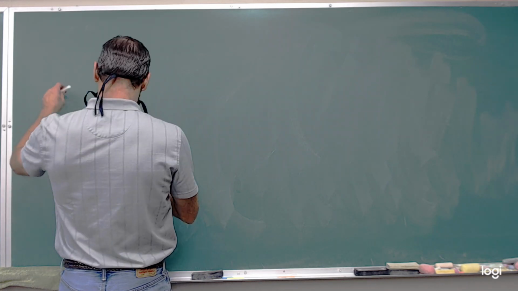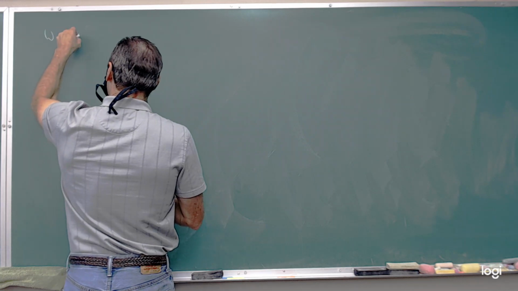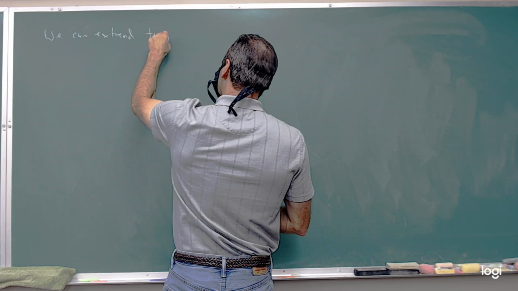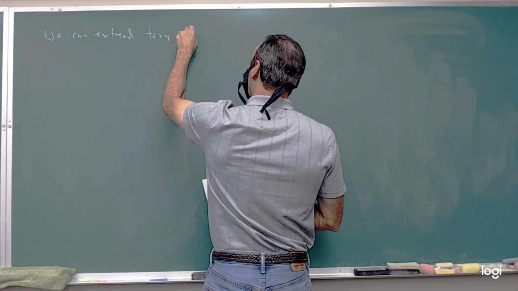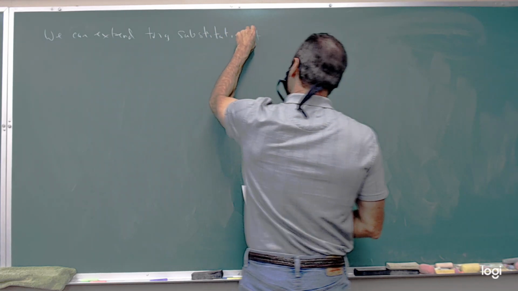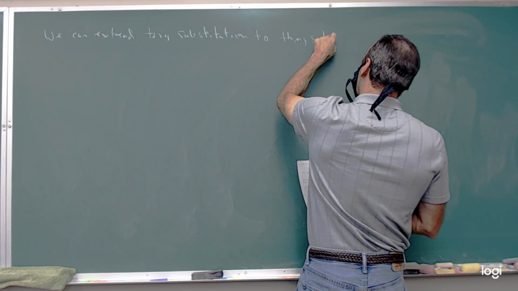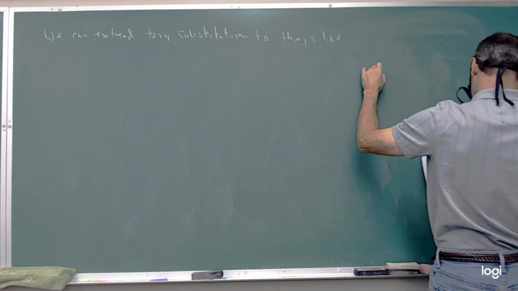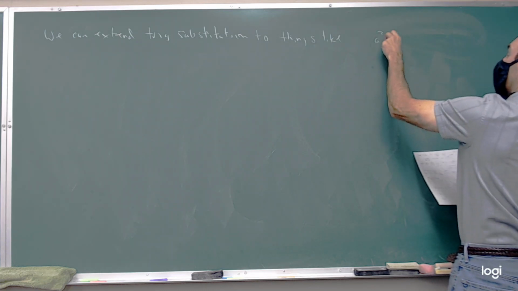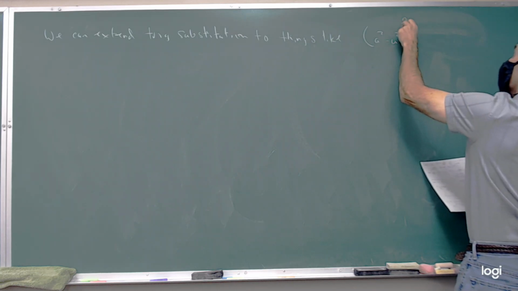So we can extend trig substitution to things like, say, a squared minus u squared to the n over 2.